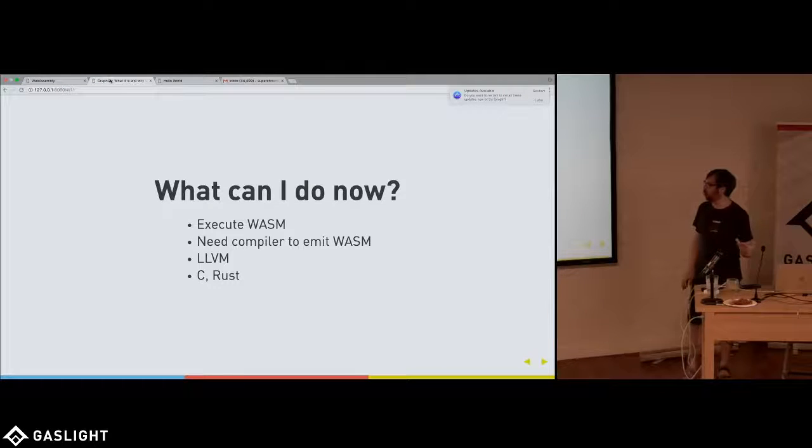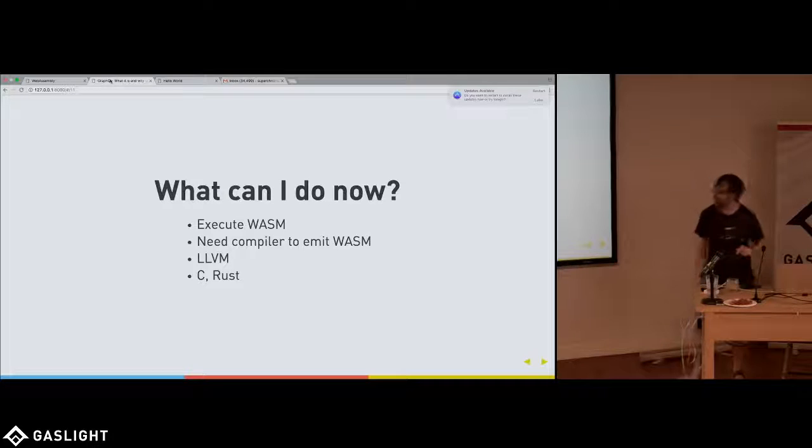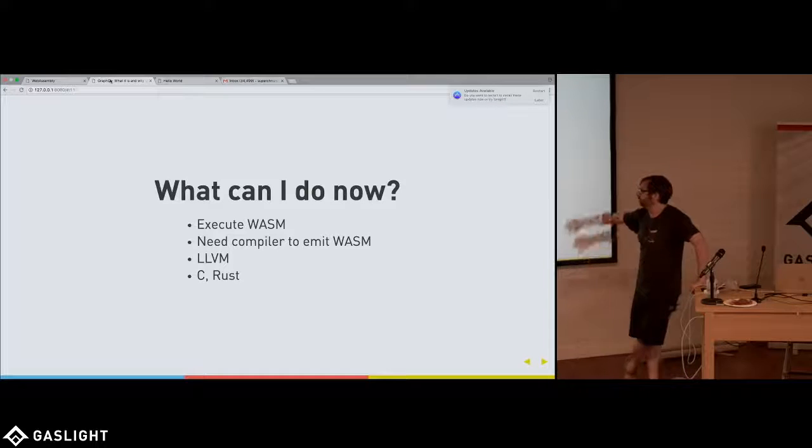Rust is the example language I'm going to look at. Rust using LLVM can compile into this WASM format. So the two languages that you can practically do stuff with in WASM so far, the ones I can find working examples for, are C and Rust.